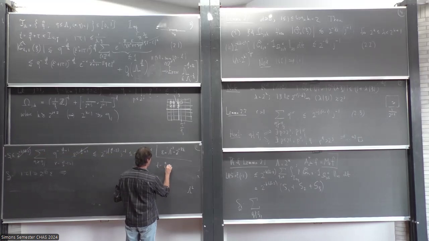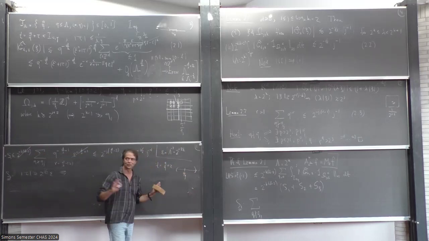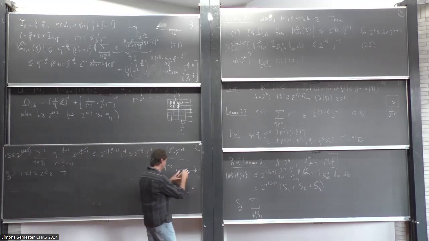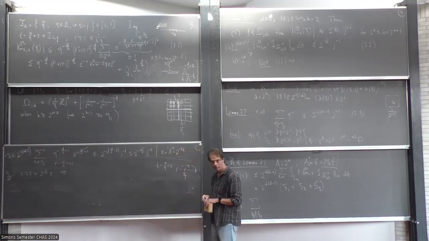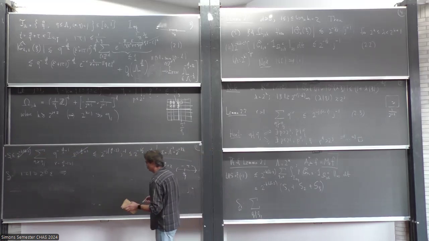Oh, I see. So when you integrate on this interval, which is kind of centered at a over q, not quite centered, then the variable on this is tau. I see.